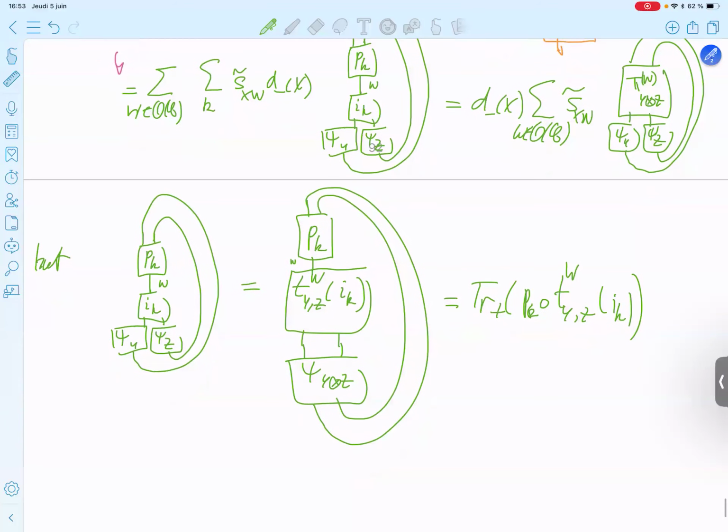Okay, so now you have a trace of a composition, but this trace depends on a natural isomorphism. So you can permute the component here. You can permute this and this. For that, you only need the natural isomorphism. You don't need to be monoidal. So this is equal to the trace plus of that y z w I k compose pk.